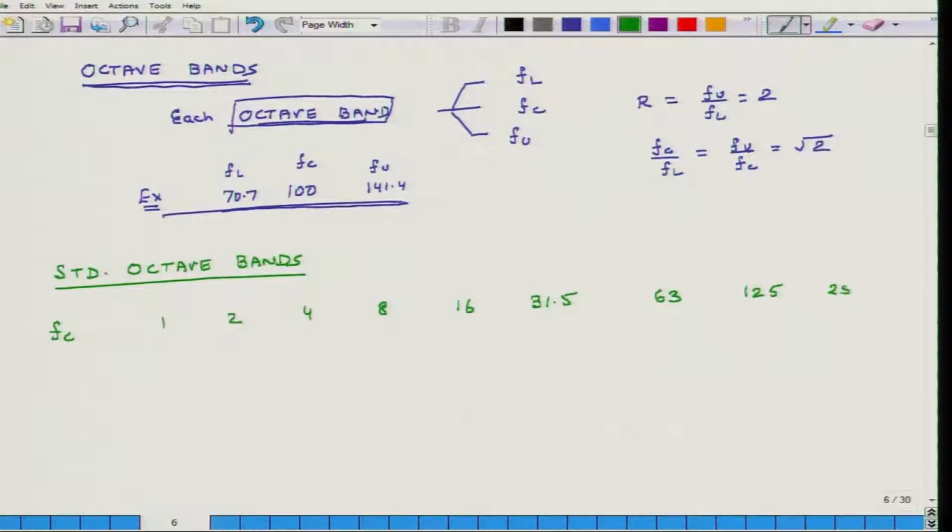Then next one is 250. After 250 it becomes 500 and then 1000, then 2000, 4K, 8K, 16K and so on, and then I keep on going.